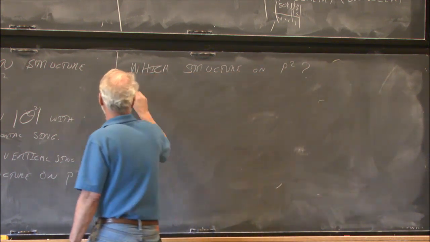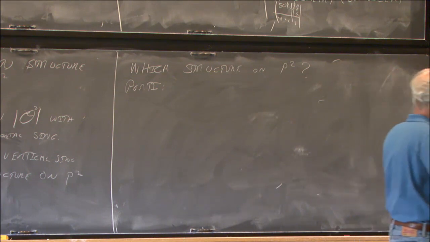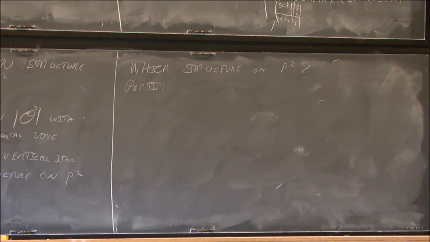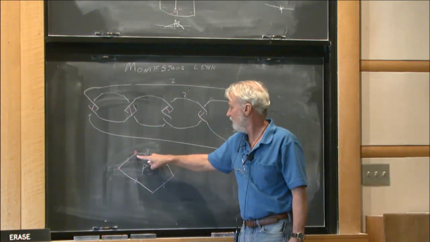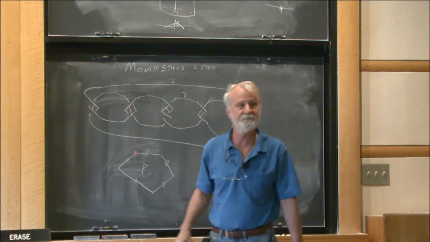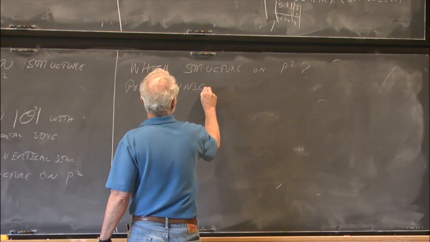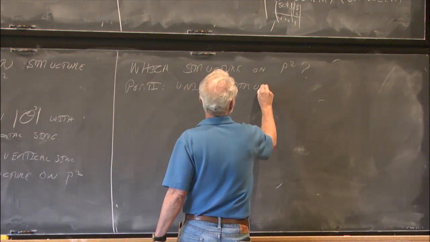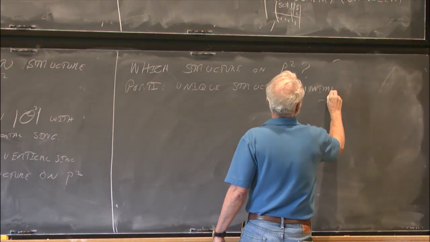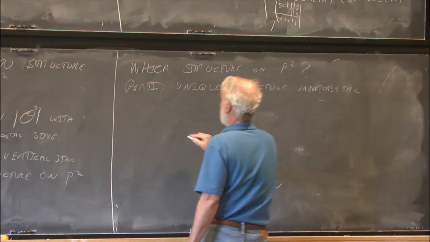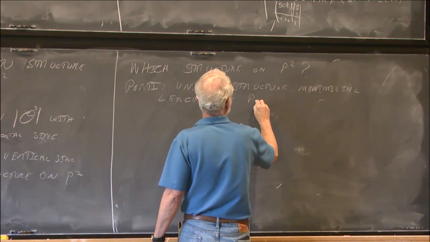And again, what Porty proved is that there's a unique hyperbolic structure on P2, in the sense of this sort of reflection group here, that minimizes the lengths of the perimeter. Okay, so the answer is that it is a unique structure minimizing length of perimeter.